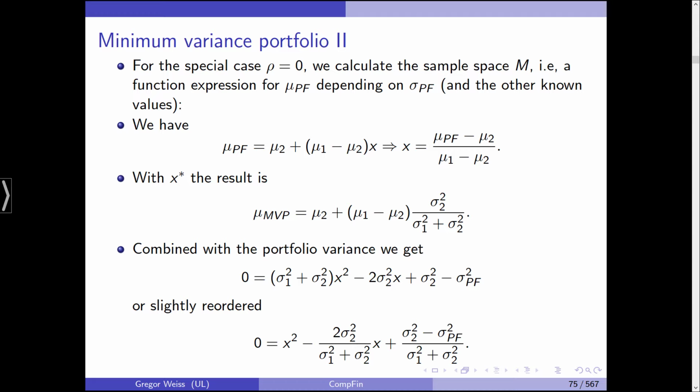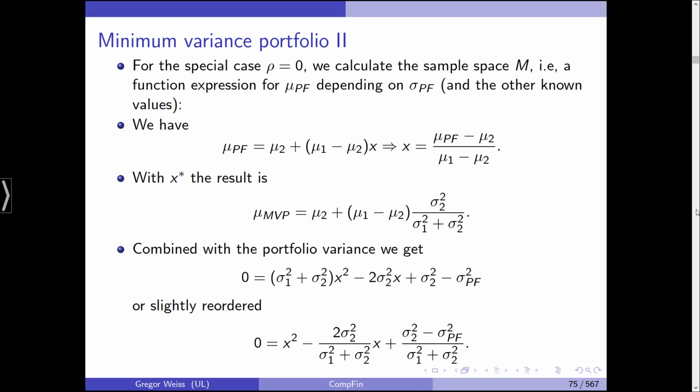If we solve for x, this gives us the portfolio expected return minus mu2 divided by mu1 minus mu2. Thus, with x star, in the case of the minimum variance portfolio, the previous equation is the general case. If we plug in x star, so if we are looking at the minimum variance portfolio, this gives us this formula mu MVP for the expected return of the minimum variance portfolio. We know what the portfolio variance looks like, and we can now solve and equate these two equations.